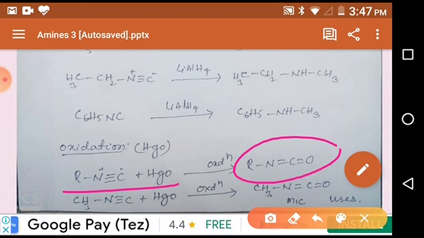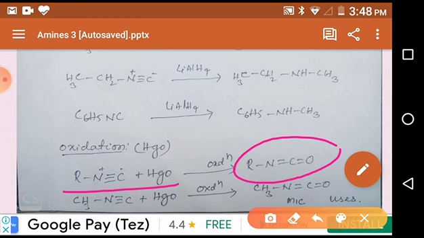These cyanates and isocyanates are useful in the synthesis of different fungicides and pesticides. These have very strong pesticidal activity. So that's why these are used as reactants for fungicides, pesticides and insecticides.